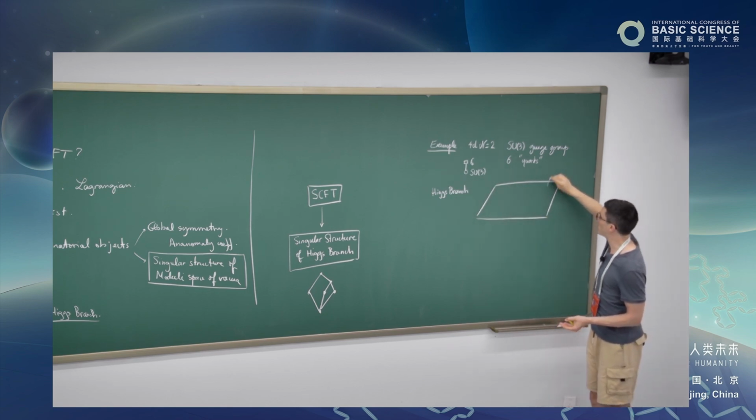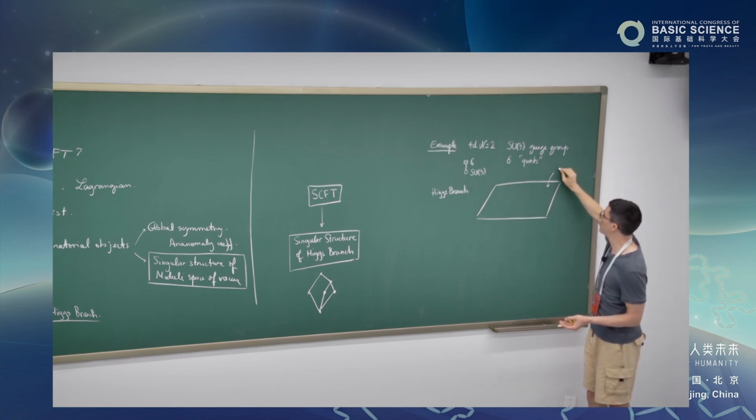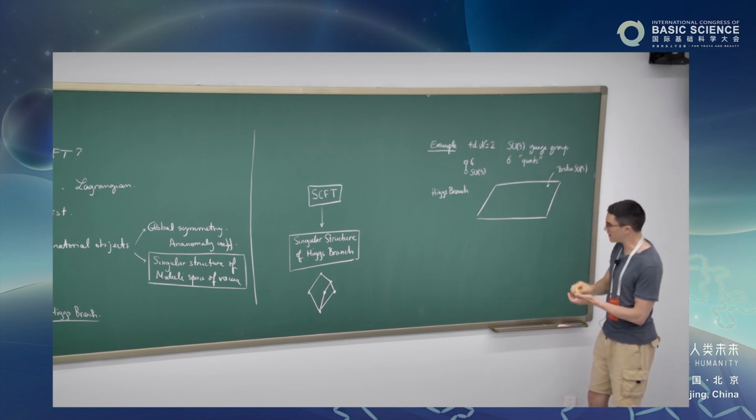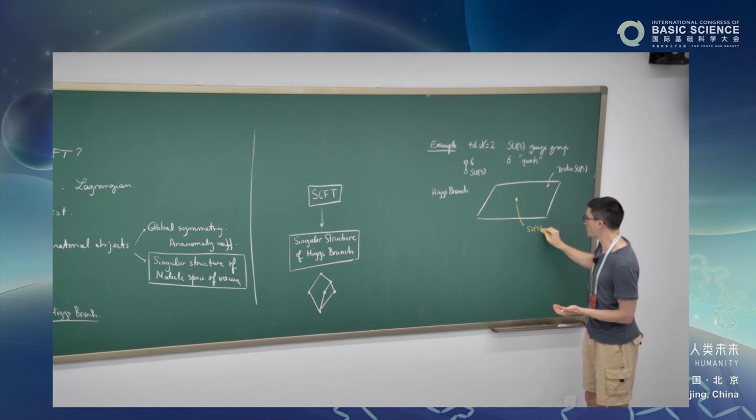So at a generic point here, the gauge group, which was SU3, is completely broken. Then there is a point at the origin. Let's put a yellow dot here. That's the origin. And here, SU3 is preserved.